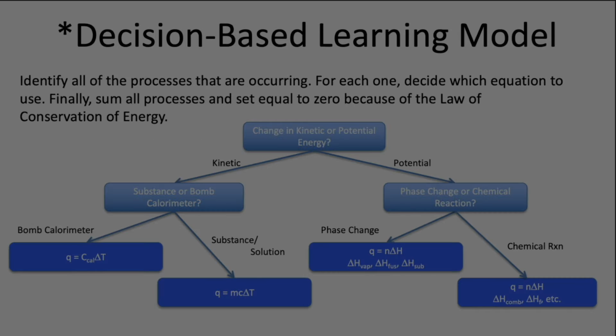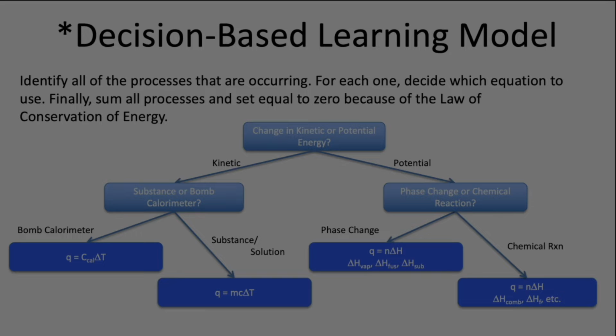So I'm going to introduce now this decision-based learning model. In the decision-based learning model, we have several decisions that you're going to make along the way, and it's going to lead you to which equation is appropriate, okay? So when you're using this model, you want to first think about all of the processes that are occurring. We saw that last time in class when we were heating up water from minus 25 to 125 degrees.